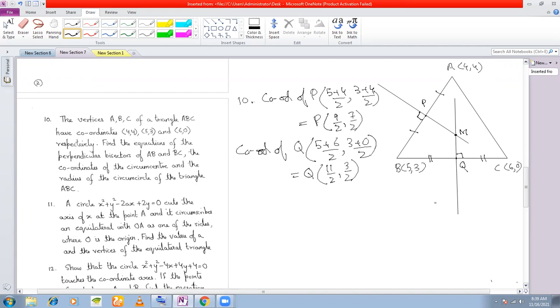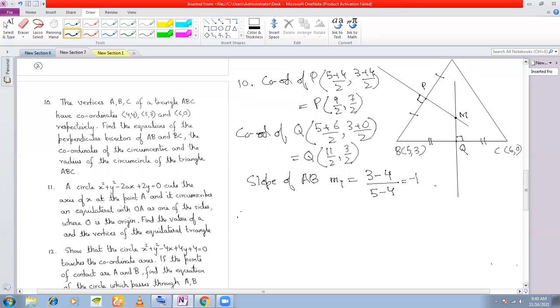Let us first find out the slope of AB. What is the slope of AB? Let's call it M1. Slope of AB joining 2 points, y2 minus y1, 3 minus 4 by 5 minus 4 is minus 1. Therefore, what is the slope of the perpendicular bisector through P?